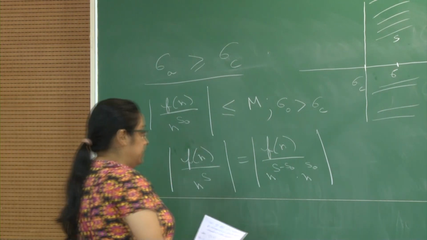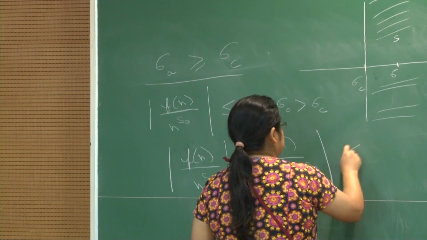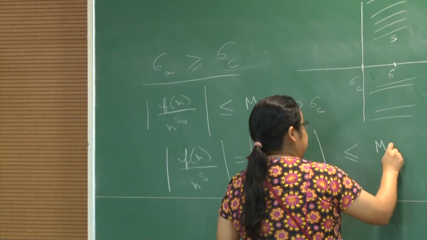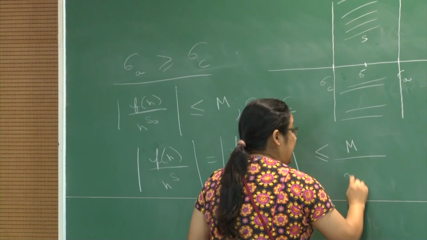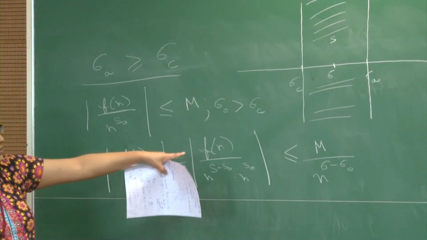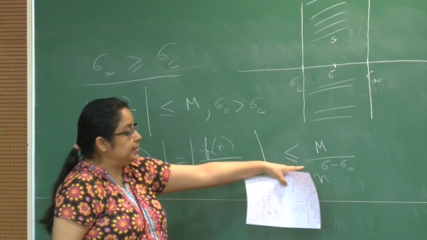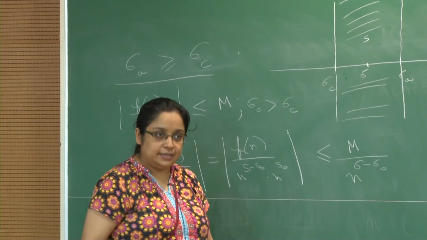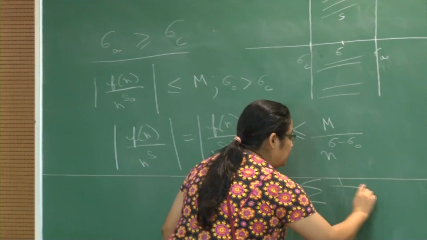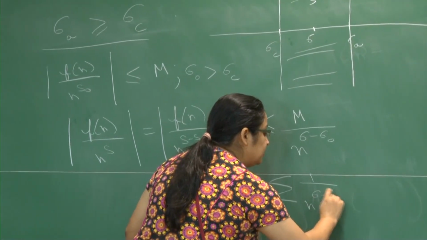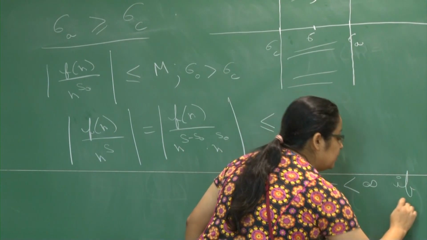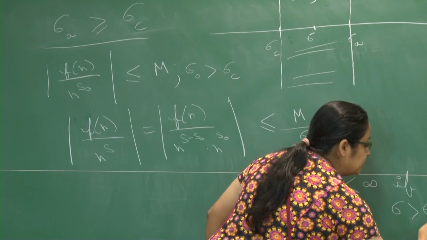What happens here is, this is less than or equal to M over n raised to the sigma minus sigma 0. Notice the right hand side converges when sigma minus sigma 0 is greater than 1. So now the summation 1 over n raised to the sigma minus sigma 0 is less than infinity if sigma is greater than sigma 0 plus 1.